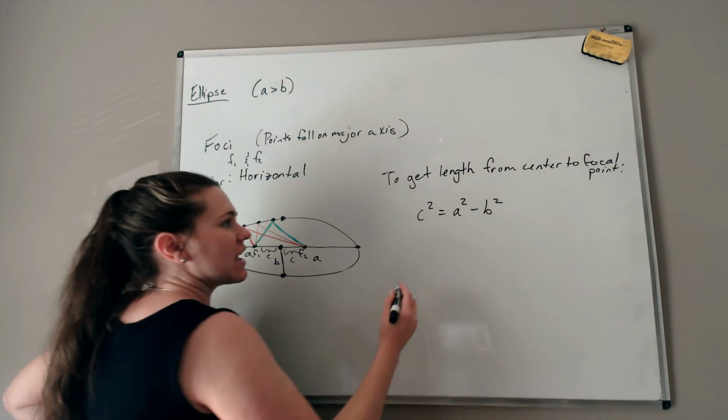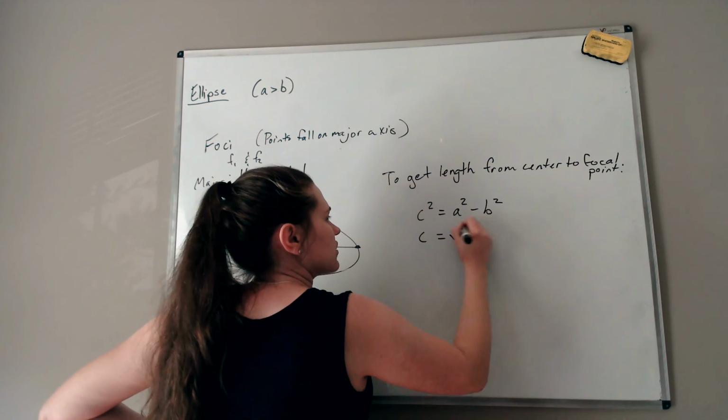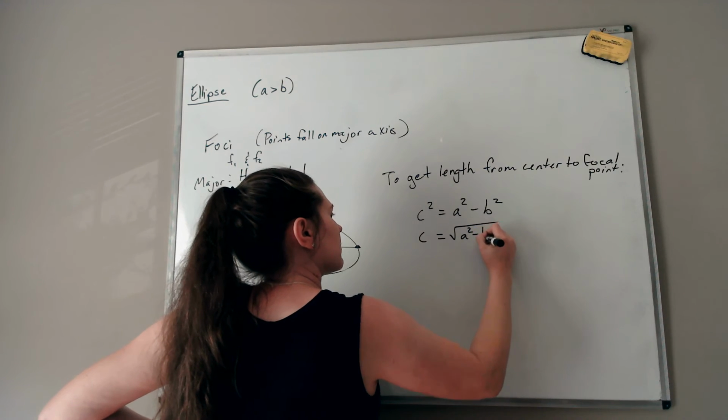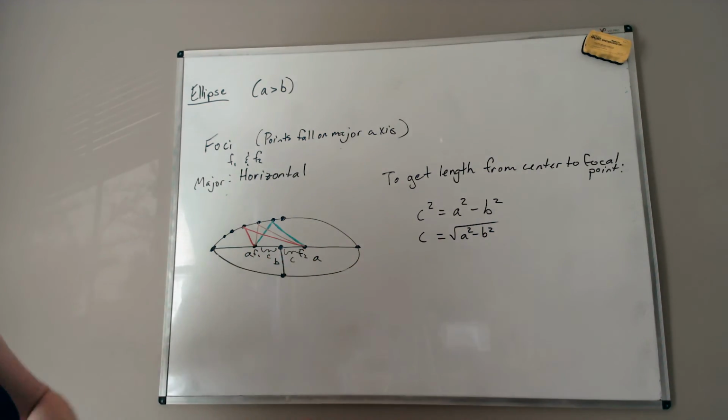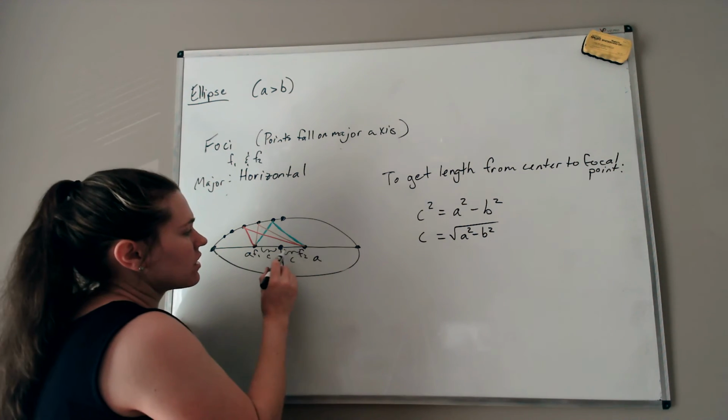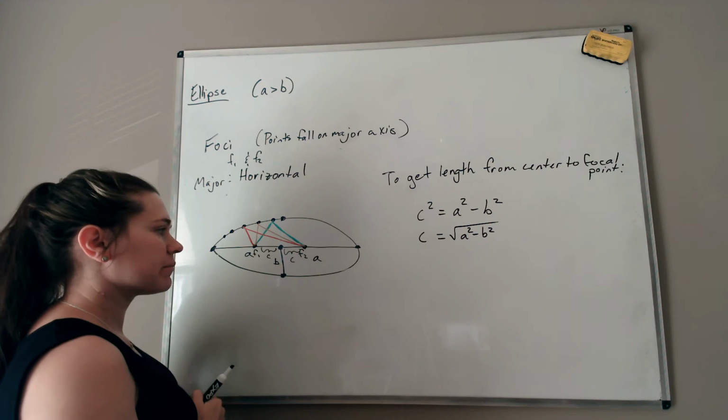And so if you want to get C, you just take the square root of A squared minus B squared.